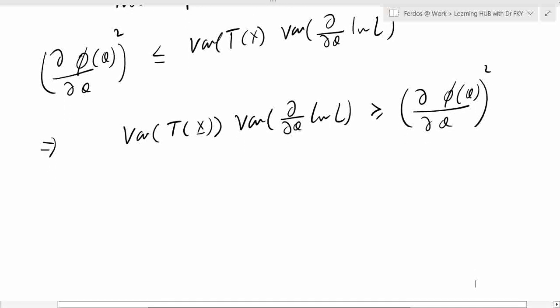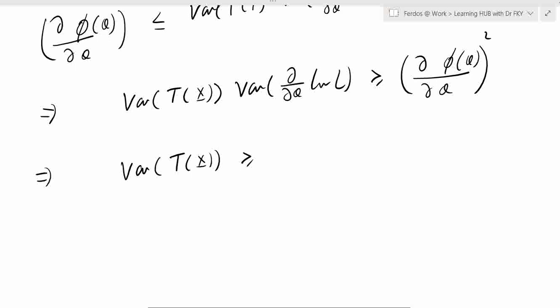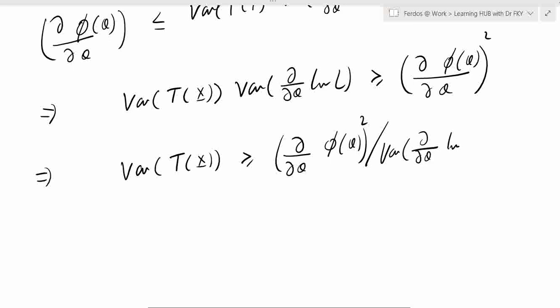Simply divide both terms by this and you will get variance of t of x is greater than the square divided by variance, like this. So this is simple, that proof which we were asked for.